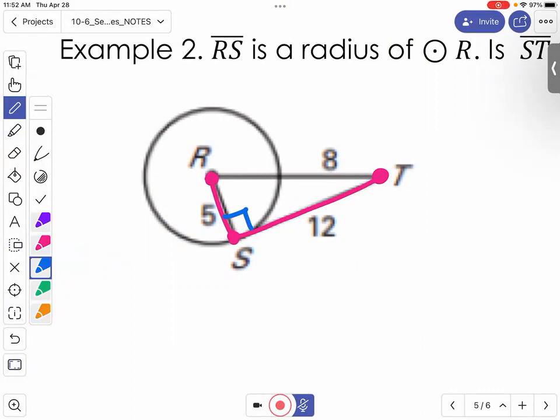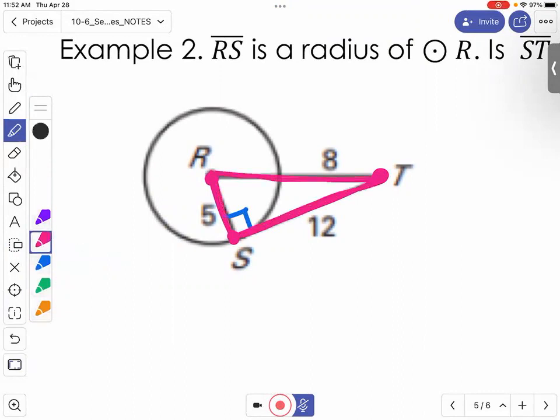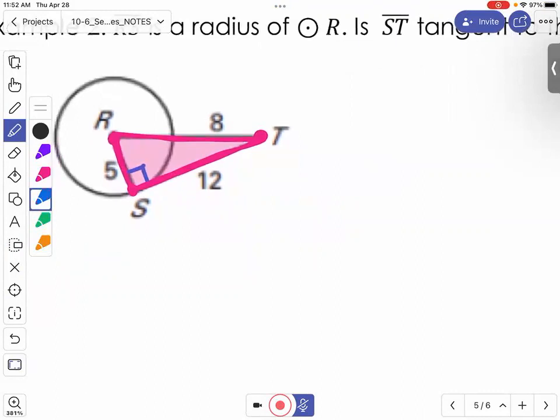So we need a way to prove whether this is perpendicular or not. Check out the picture they've given us here. It is a right triangle, and if this is a right triangle, then I could use the Pythagorean theorem to verify that this is a tangent line and we are making that right angle. So let's focus only on that triangle for a second.